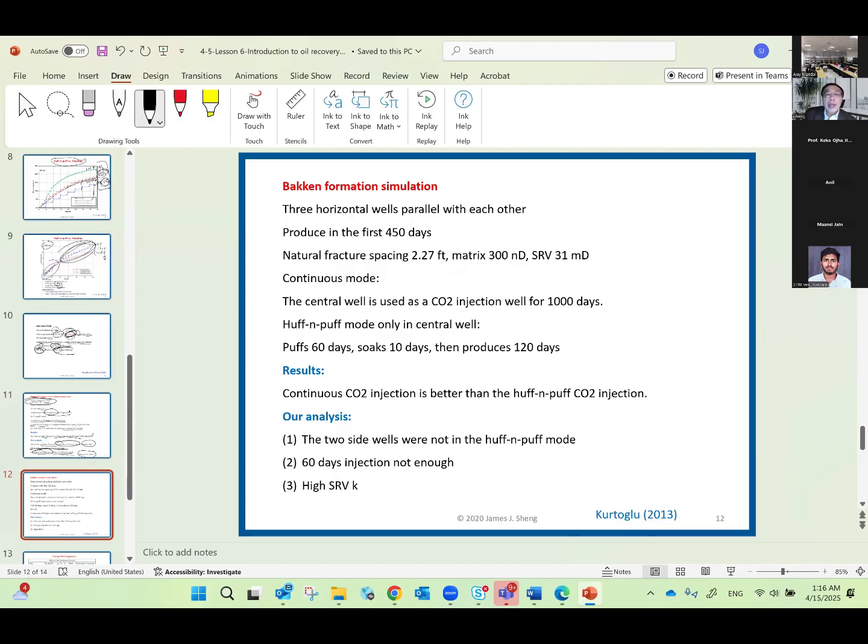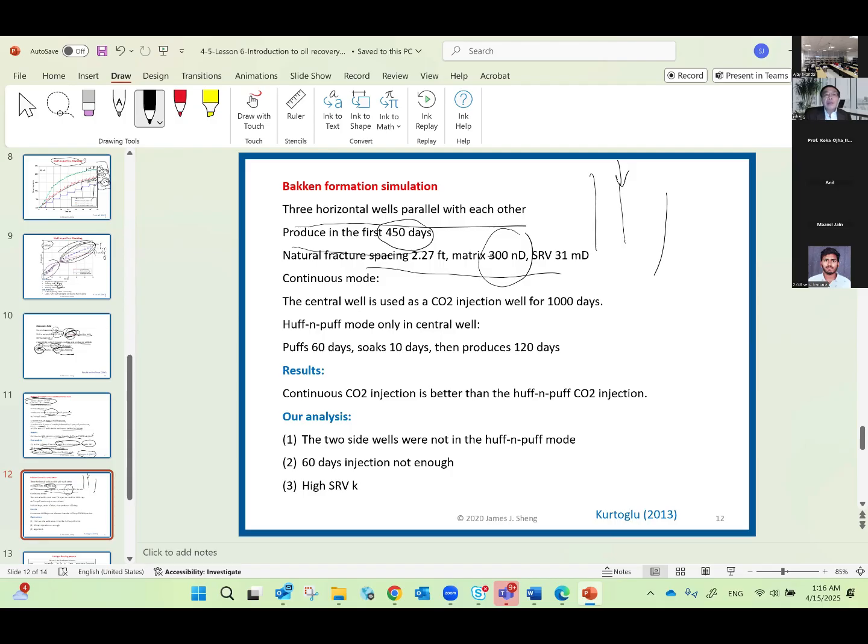Okay, here's another one, the Bakken formation. Here are 3 horizontal wells parallel to each other, produced first for 450 days, natural fracture matrix, 300 nanodarcy, and let's say the central well is used as the injection well for 1,000 days.